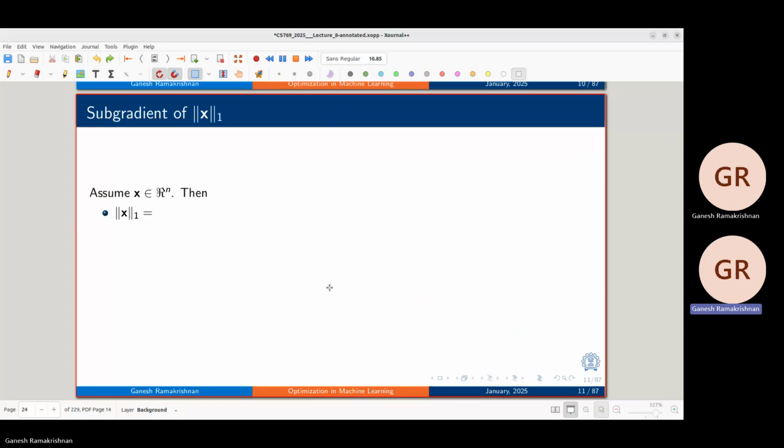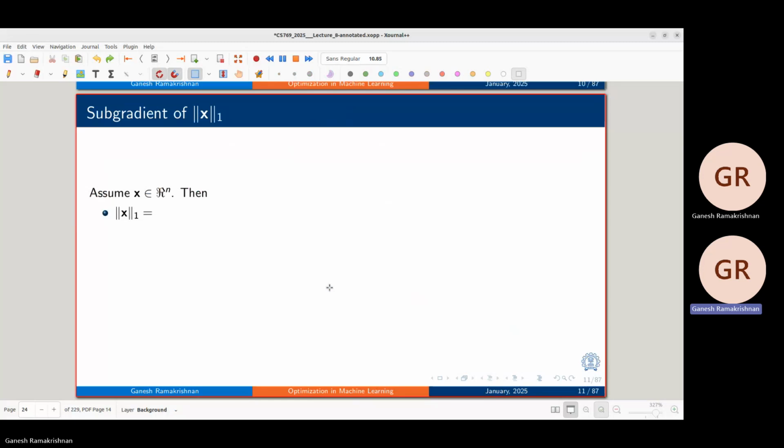The Cauchy-Schwarz thing, but let's take a very simple example before we go to the generalization of Cauchy-Schwarz. So let's take the one norm of x. What is its subgradient? Very simple. You should try and write it down, right?